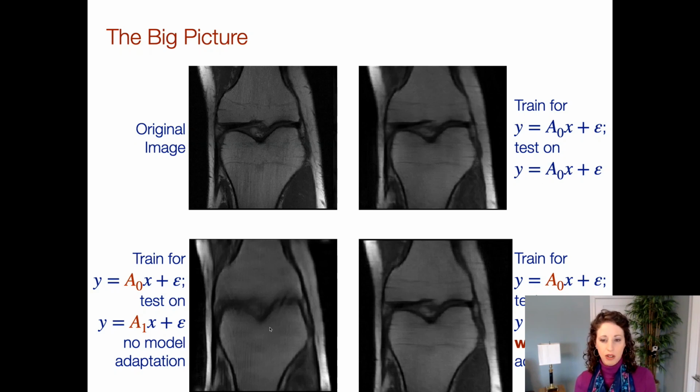If I change my acquisition protocol at deployment time and don't account for it at all, suddenly I get a lot of blurring, features get erased, and I also get some giant artifacts introduced. But if I start using model adaptation, the methods that I'm going to talk about in just a second, then we get significant improvements in quality that give us an image that's ultimately on par with what we could have had if we had known the right MRI acquisition protocol from the beginning.